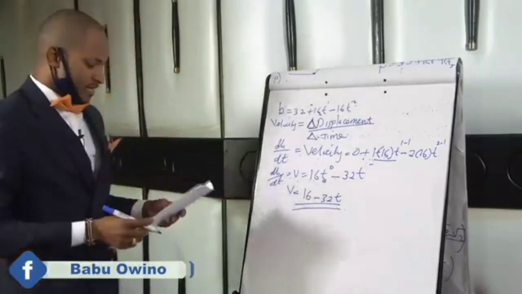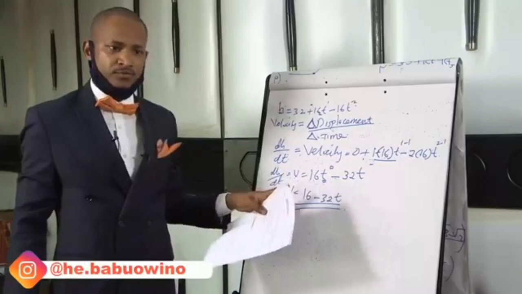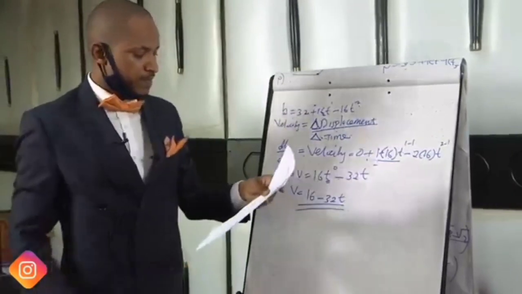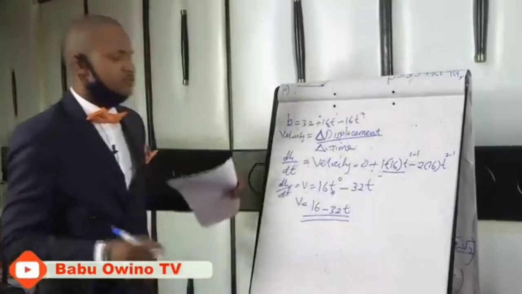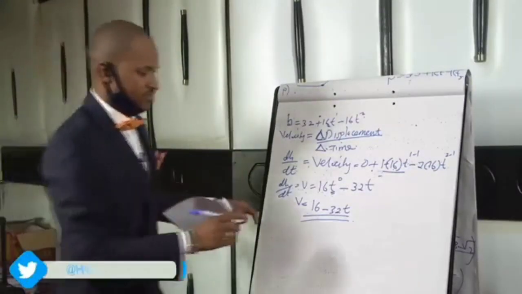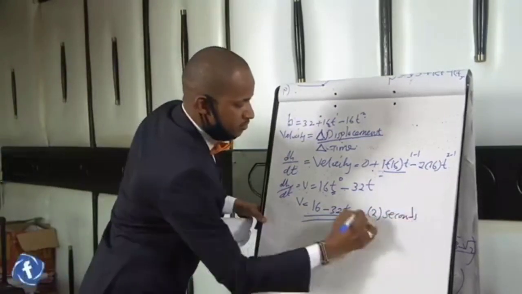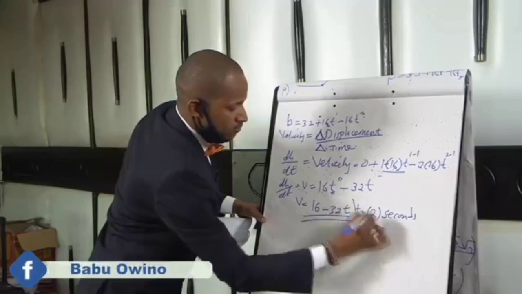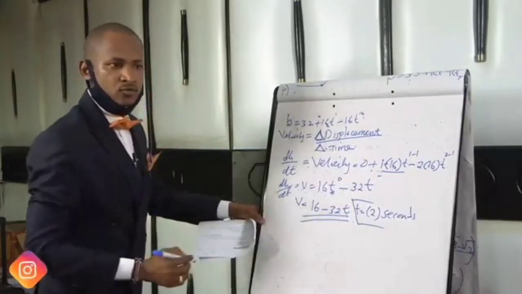But the question is asking us to find the value of this velocity at which he hit the water surface. We remember that the time taken to hit the water surface was 2 seconds. So t is equal to 2 seconds, and where there is t, you replace with 2.